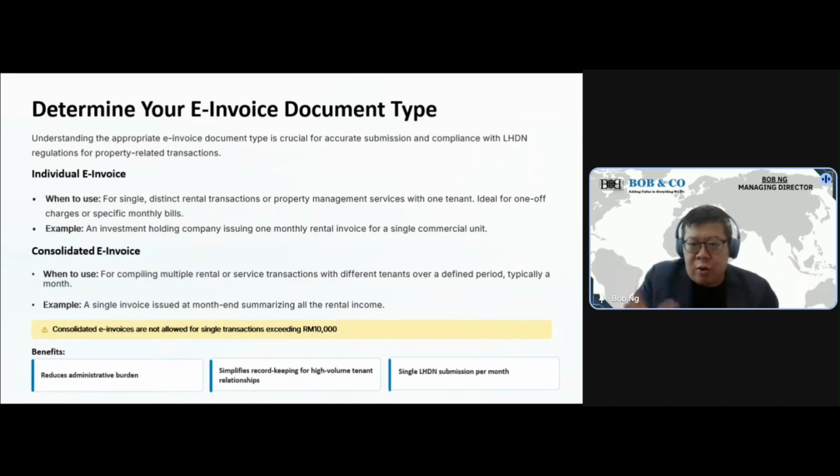You can't add all of this together as a consolidated invoice. The tenant that is generating you 11,000 ringgit would have to be on a standalone individual invoice to be submitted to the portal, whereas all the small little ones can be submitted together as a consolidated e-invoice, as long as the amount does not exceed 10,000 ringgit.